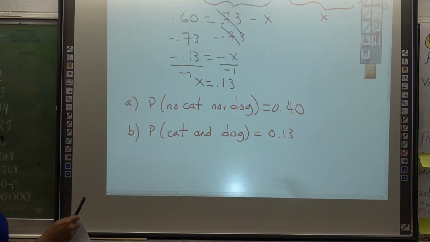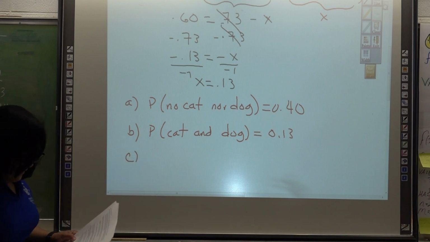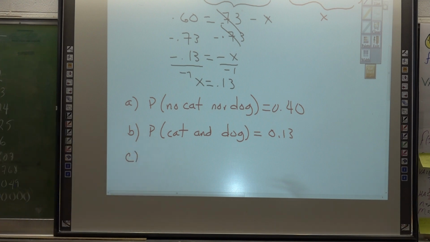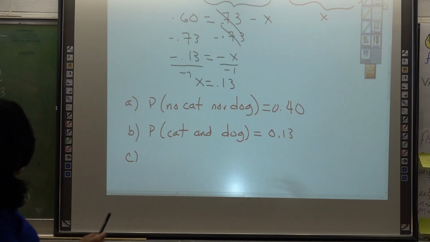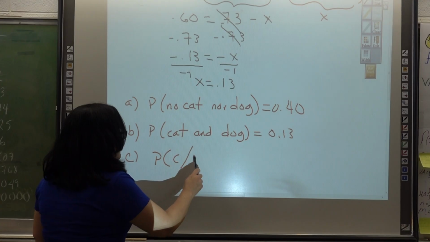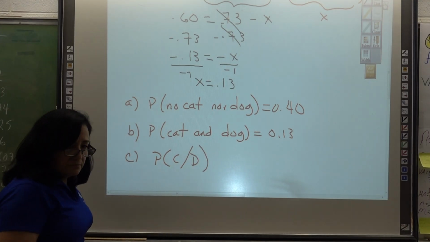And the last one: the probability that a randomly selected U.S. household owns a cat if the household has a dog. So it's probability of A given B. We went through that as well in class. In this case, cat given dog, right? At least one cat given it has a dog.